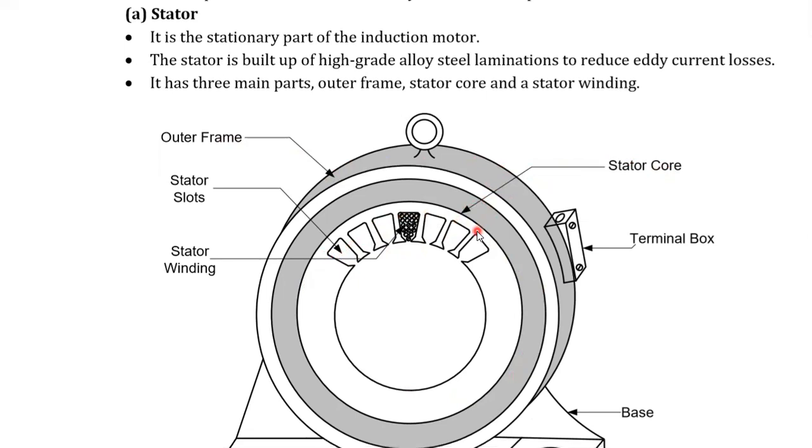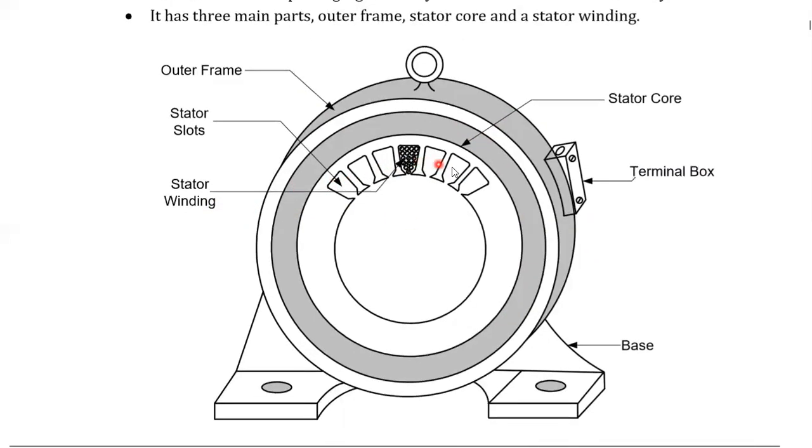Now the single phase induction machine has only a small difference. The stator winding is only single phase: only R phase or Y phase or B phase is connected to the stator winding of a single phase induction machine.